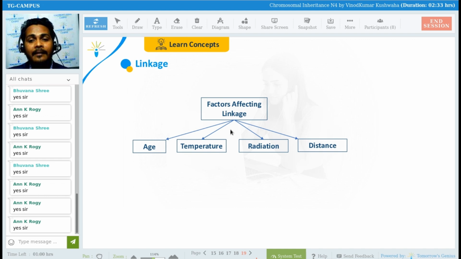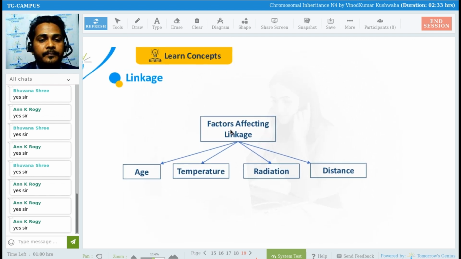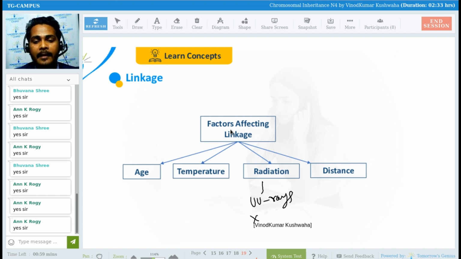Radiations also affect linkage. Rays, even X-rays, decrease the linkage. Radiations cause recombinations and crossing over. Radiation means radiations like UV rays and X-rays. These two important rays decrease the linkage.